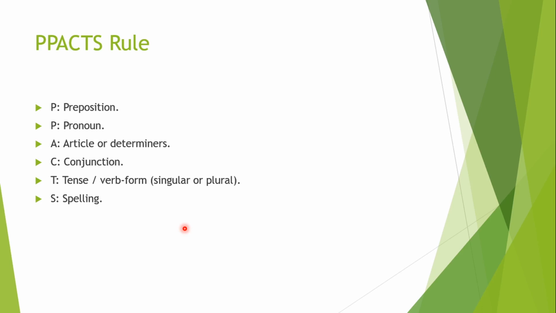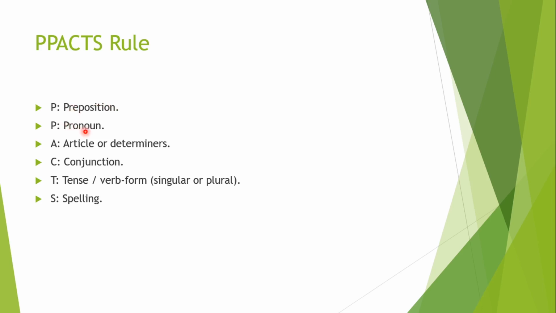So remember the rules. PPAX rule. PPAX rule means whatever things which you have to see in that passage. P for preposition. Preposition you all know. Above, below, behind, beside, these things.